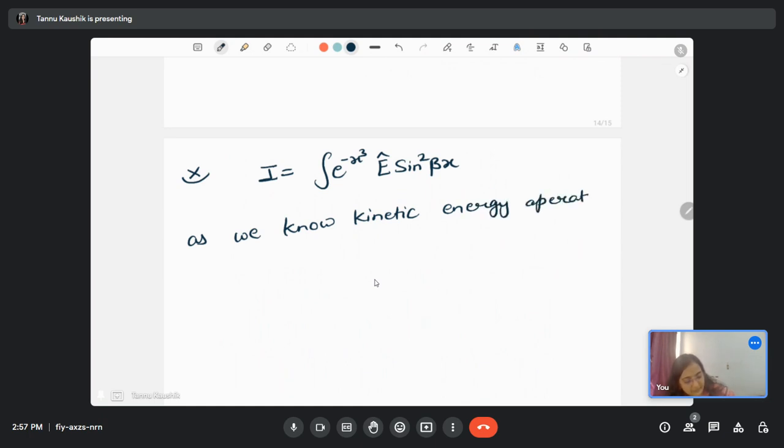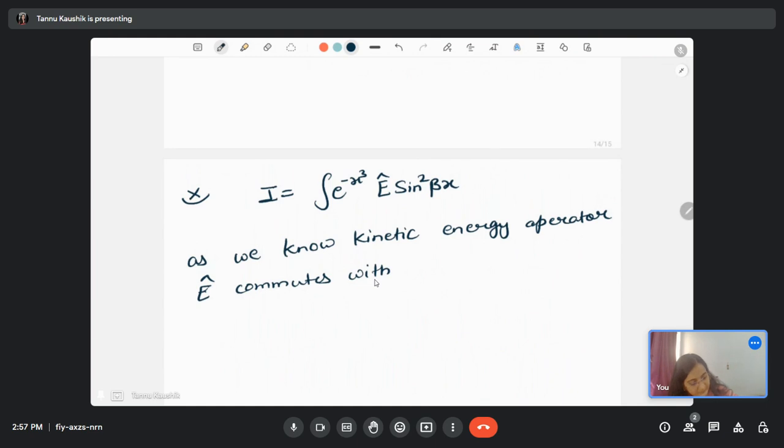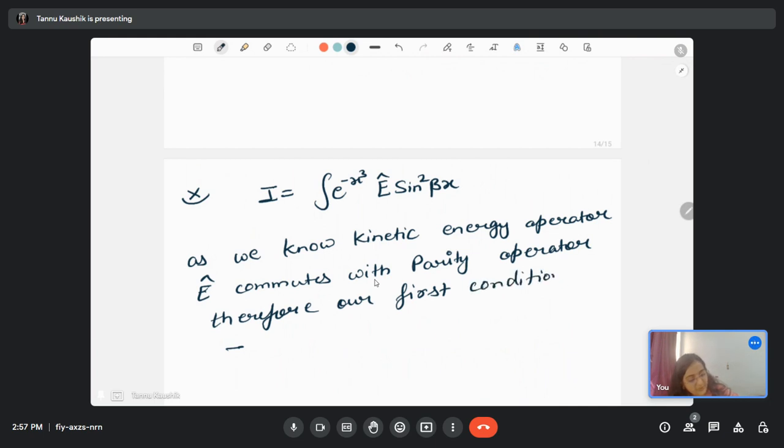So as we know, the kinetic energy operator commutes with parity, therefore our first condition is fulfilled.